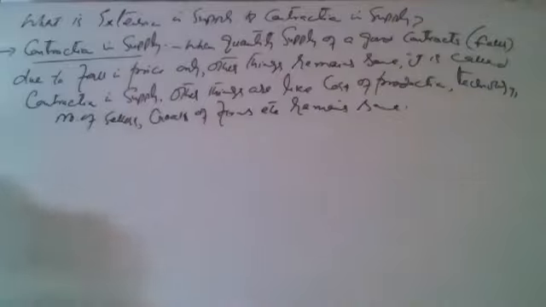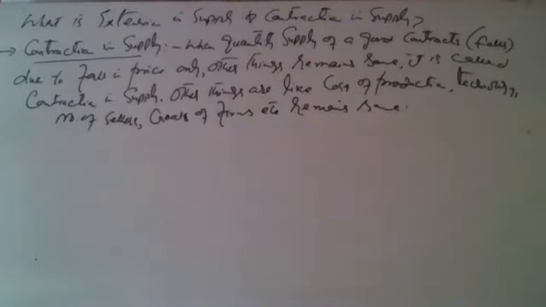So it is the case of contraction in supply. Thus, when quantity supply of a good contracts due to fall in price only, other things remaining same, it is called contraction in supply. What are the other things other than price?